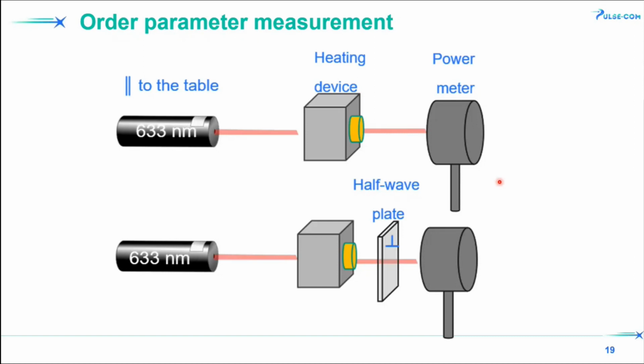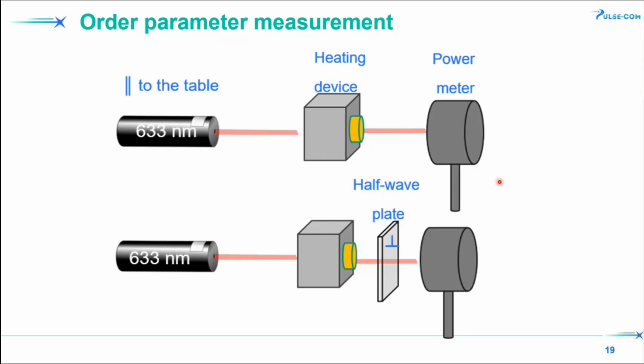But what does this scheme mean? We have, of course, a laser. In this case it is represented as 633 nanometer, but it can be any wavelength of your choice, with a polarization, in this case, parallel to the table. Your cell, infiltrated with the monomer without, of course, any kind of initiator, will be inside the heating device that has a quartz window that will let the laser pass.